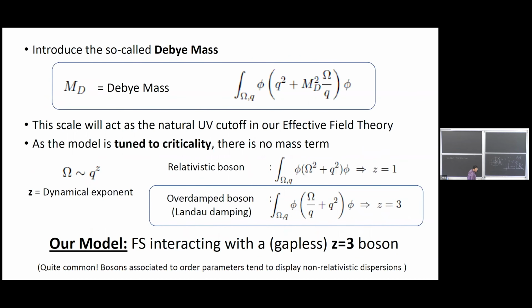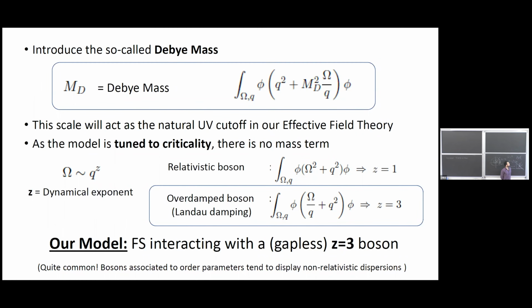In order to do that consistently, we introduce a mass scale, which we call the Debye mass. Essentially, it acts as a unit cutoff for our effective theory, in the sense that for energies below the Debye mass, which we will consider large enough, the bosons will have essentially this dispersion relation, which is accounted for by Landau damping. Let me remind you, we will consider the model tuned to criticality, so there are no mass terms for the bosons.